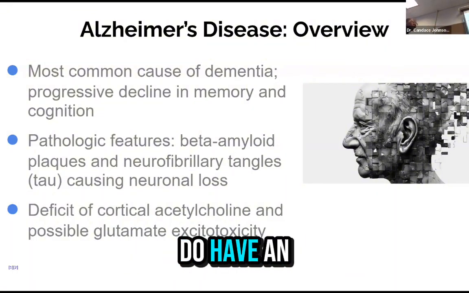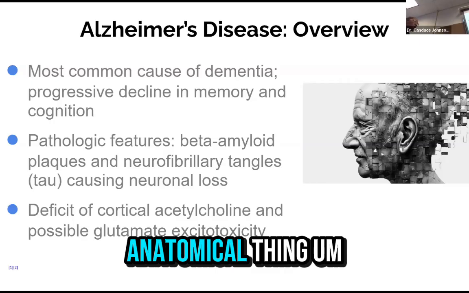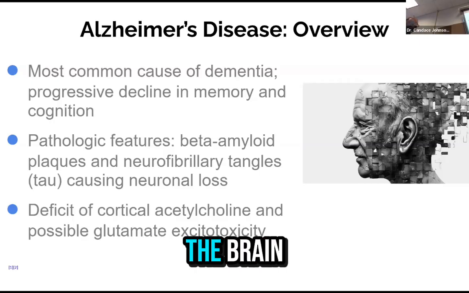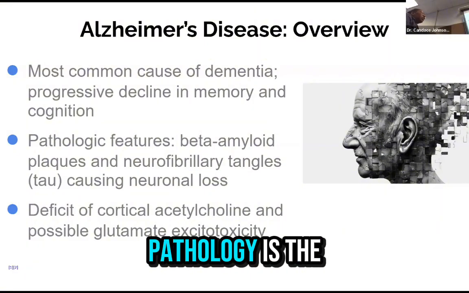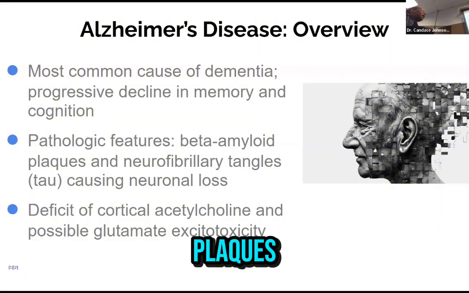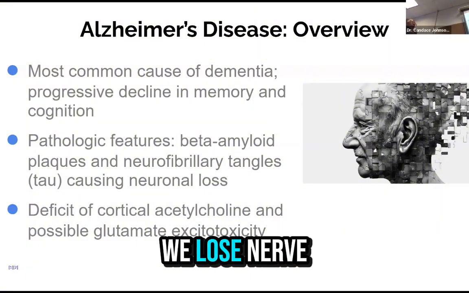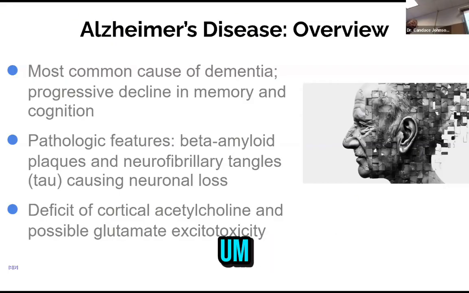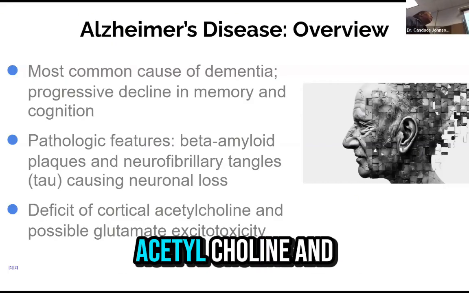Well, here we do have an anatomical thing, these plaques on the brain. All right, so the pathology is the presence of these plaques, and they create these tangles, and we lose nerve function.